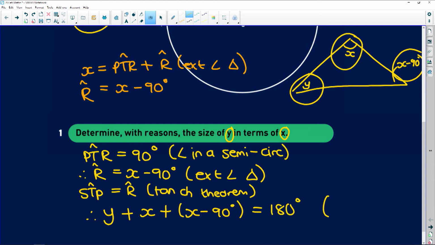And the reason is sum of angles in a triangle.